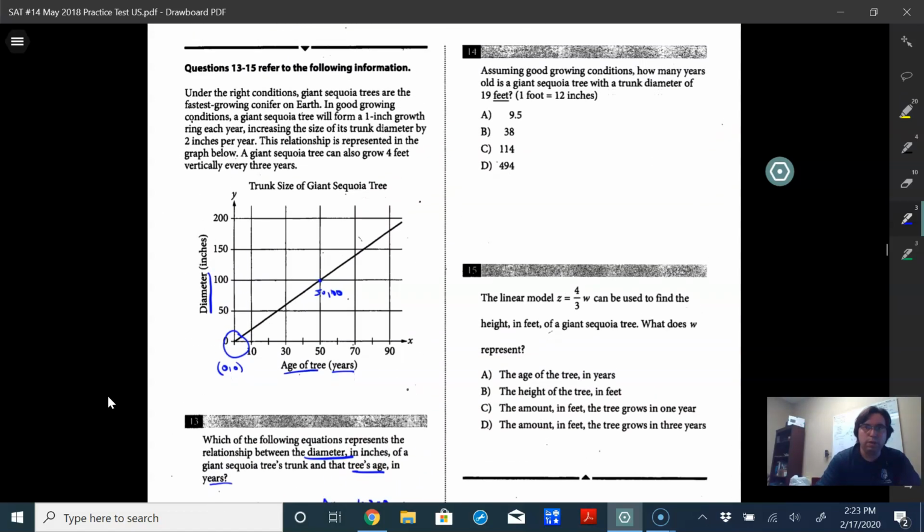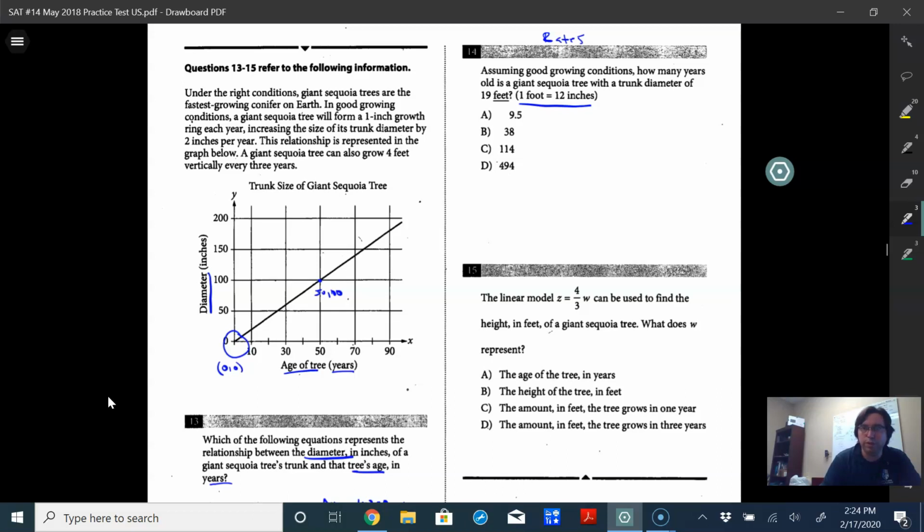All right, let's look at number 14 now. And 14, we see we have a rates problem. You see that because this especially tells us that, okay, we're dealing with rates. And so we just got to be very cautious with our units.